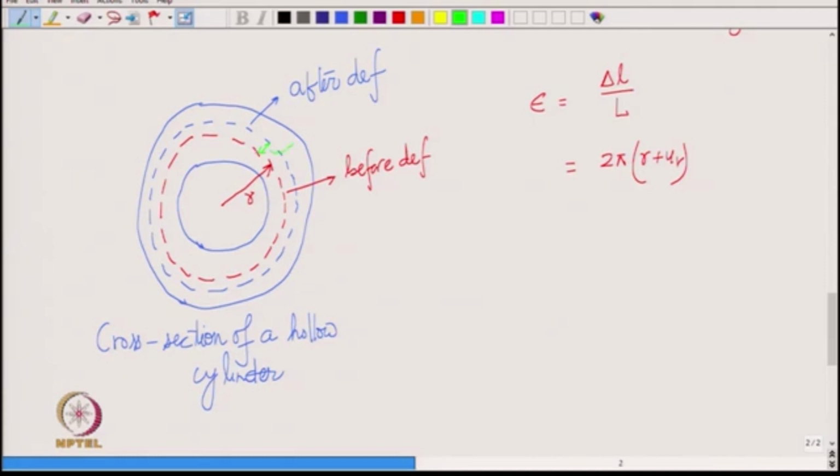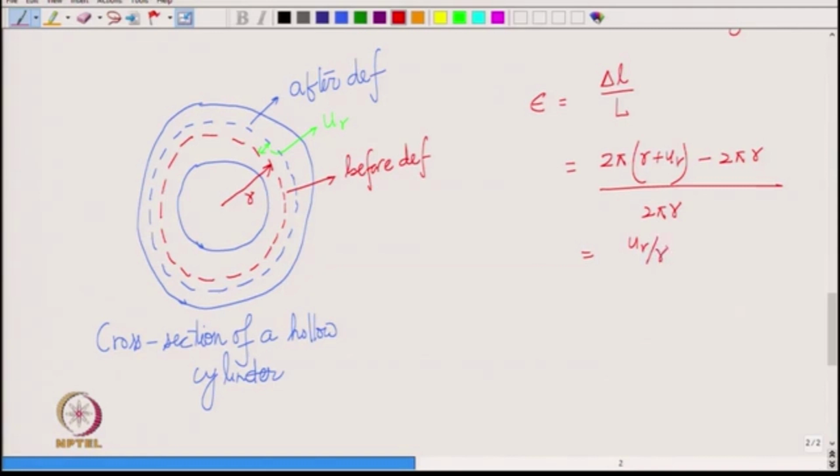So, this green line is basically u r, right. So, the final length is 2 pi times small r plus u r minus the original length, which is 2 pi times small r itself, divided by 2 pi small r, and we work it out and we get simply u r by r, right.